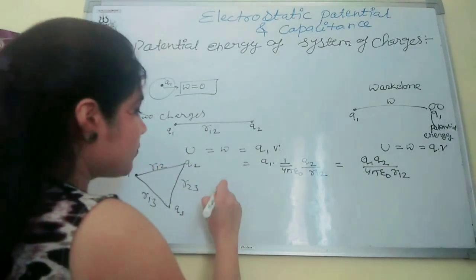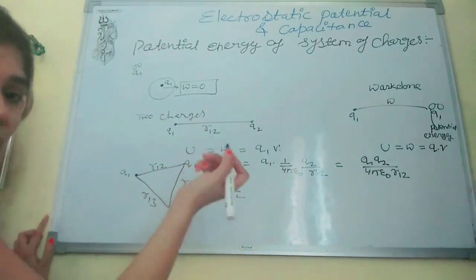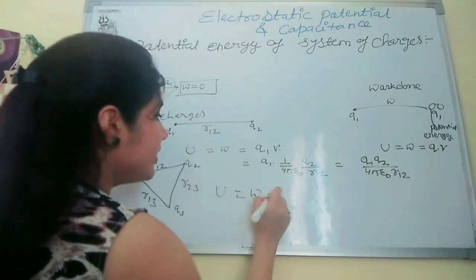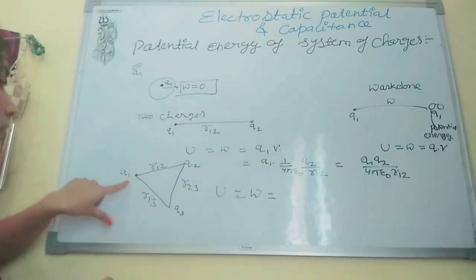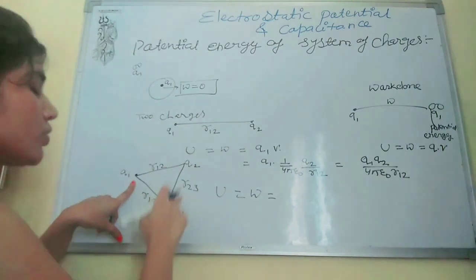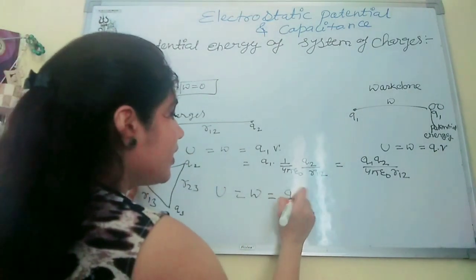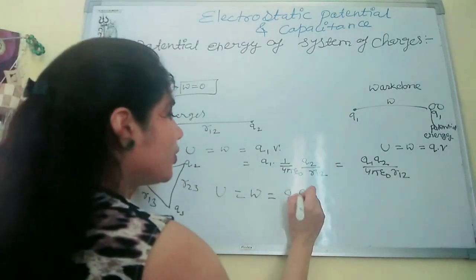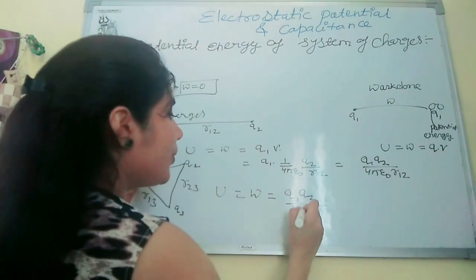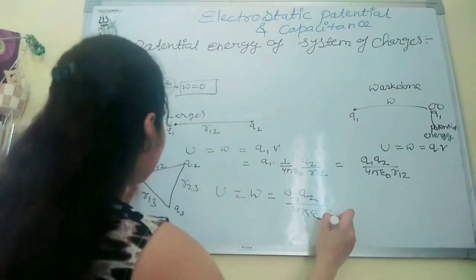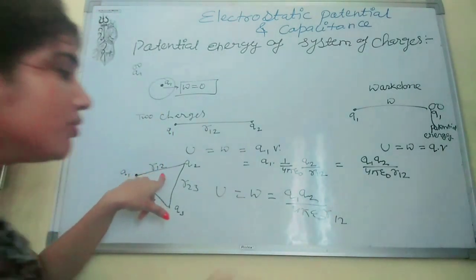Now we will find the expression for the potential energy, which will always be in the form of work done. So because of these two charges, the expression will be Q1 into Q2 upon 4 pi epsilon naught R12, because the distance is R12.